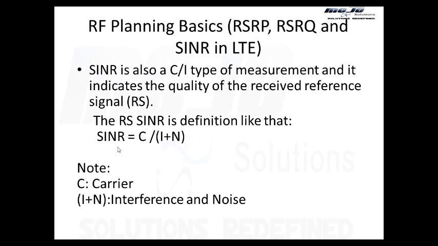Now, SINR is basically measured on a linear scale. When you talk about Ec/Io or RSRQ, which are on a logarithmic scale, you will hear that -8 is a good RSRQ or Ec/Io in the case of UMTS. But when you talk about the linear scale, you don't talk about negative values like that. Usually a good value is 10 or above, or 12 or above, or 15 or above.